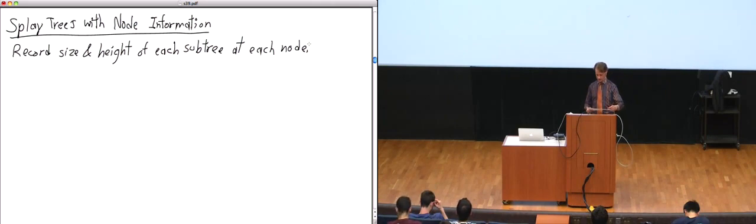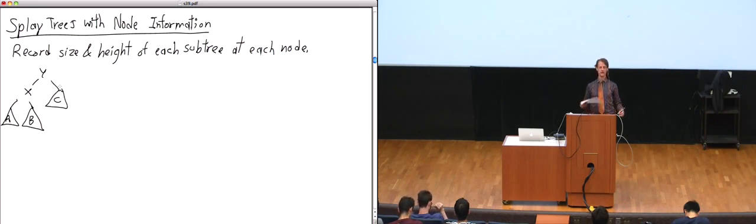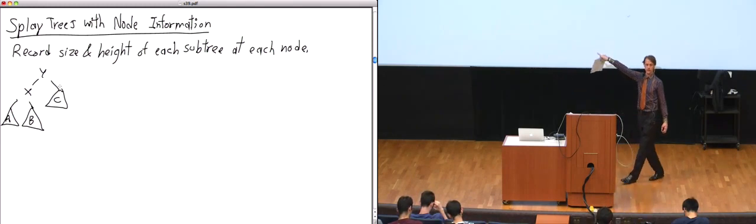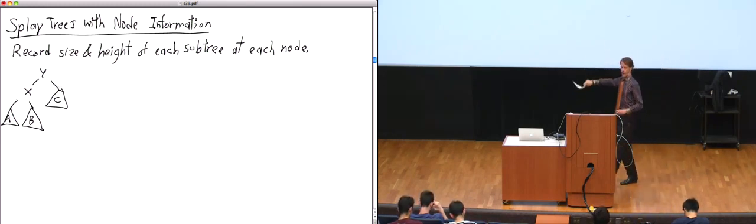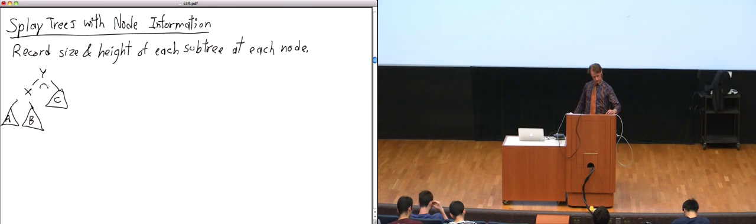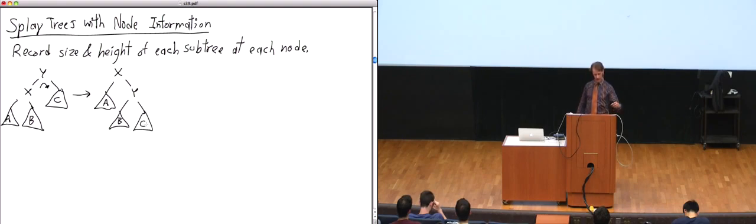First of all, let's look at a rotate right operation. So remember that a rotation is where we have a part of the tree, a subtree of your tree, rooted at y that looks like this, and we do a little rotation through y, which brings x up to the root of that subtree and brings y down. And B gets shifted from being one of X's children to being one of Y's children.